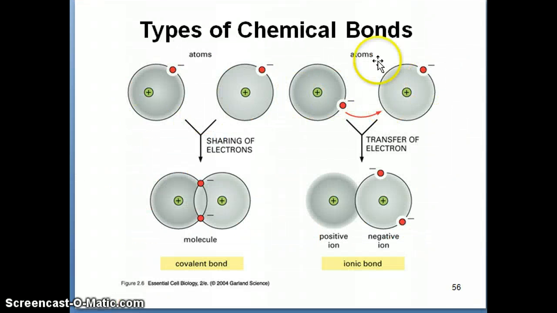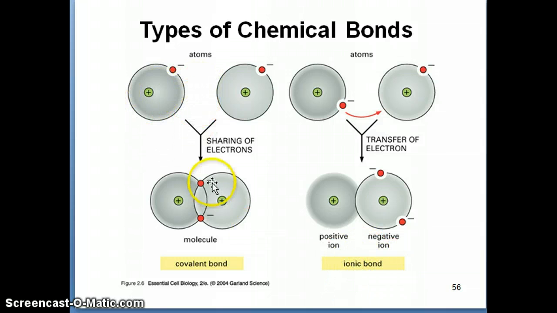So let me just show you a real quick illustration of this. An ionic bond, as I said earlier, is an interaction between a positively charged ion, a cation, and an anion. When you transfer that electron to the other atom, this one becomes a cation and now has a positive charge. The positive charge can interact with the excess negative charge in this ion, and that interaction is what we refer to as an ionic bond.